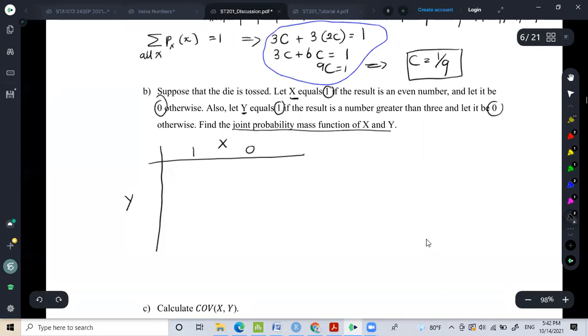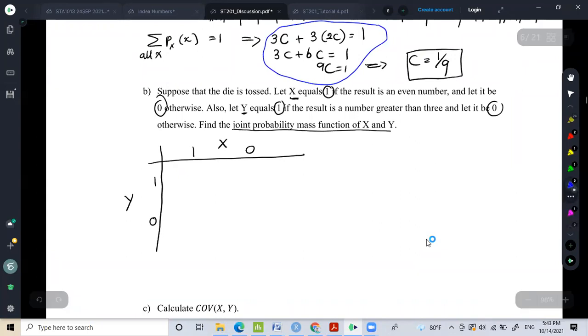Possible values of y, again, either 1 or 0. Now you have to find when you will get x 1 and y 1, and what is that probability. What are the situations where x is 0 and y is 1? What is that probability? So these are the 4 values that you have to figure out and identify. Okay. So let's try to do that.